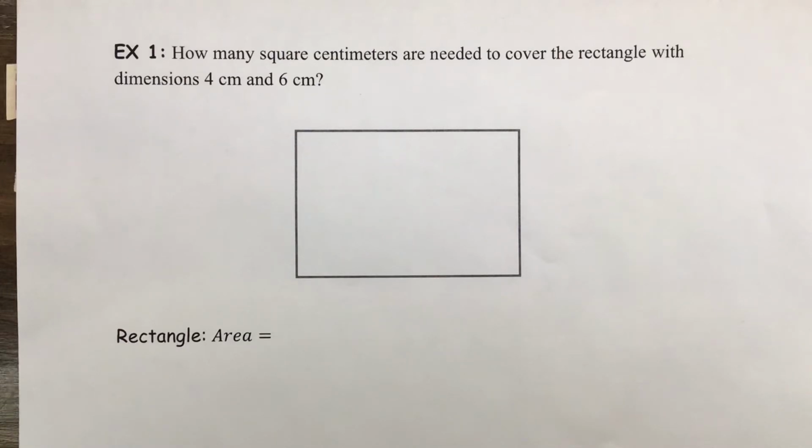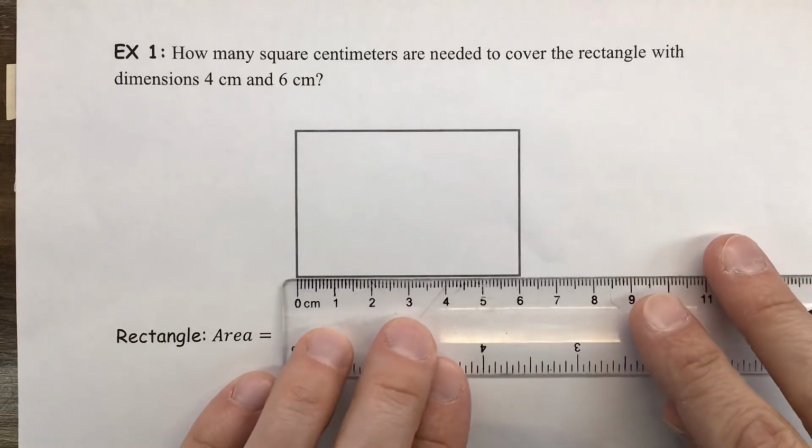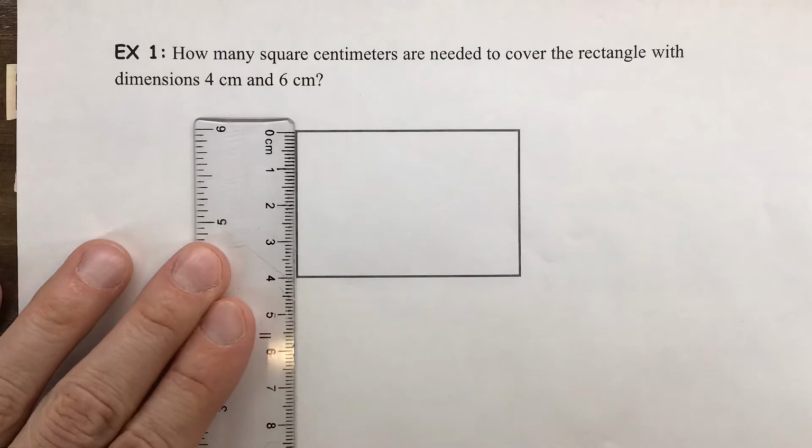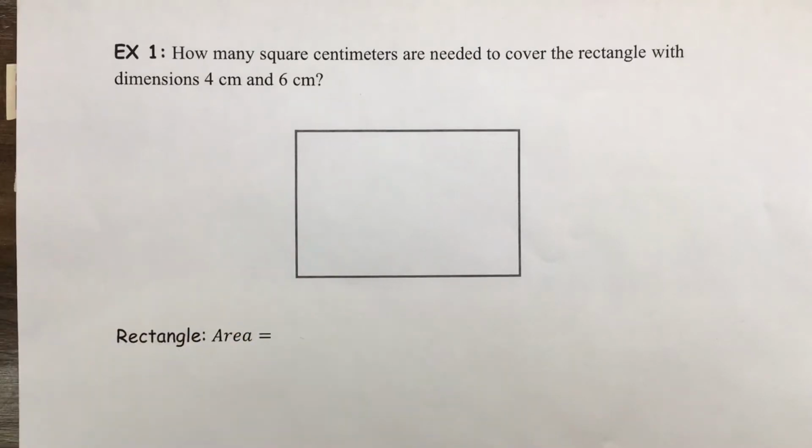So what I'm going to do first is take this rectangle and verify that it is 6 centimeters by 4 centimeters. So we've got the 6. We've also got the 4. In order to create the square centimeters, what I'm going to do is draw lines at every 1 centimeter. So I'm going to break up the sides in both directions so I can create squares.